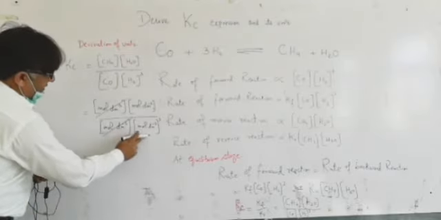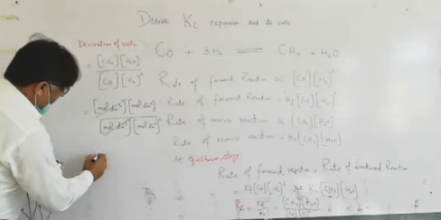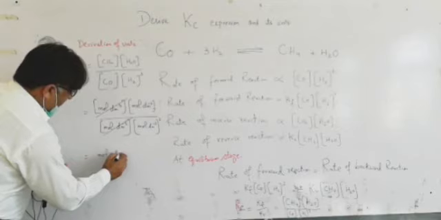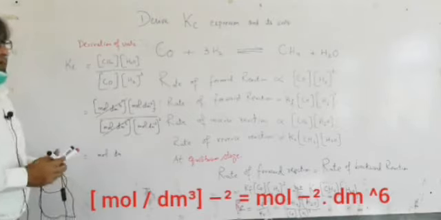The remaining value you will write here, after the cancellation of these units, mole per dm.